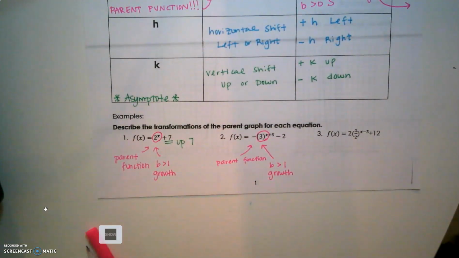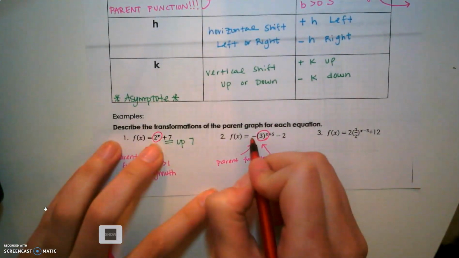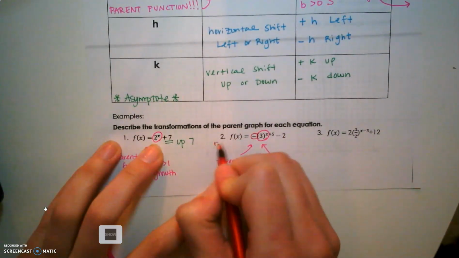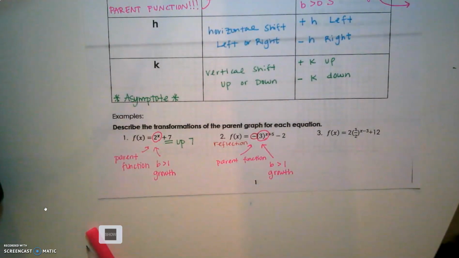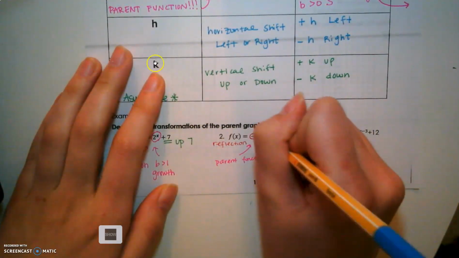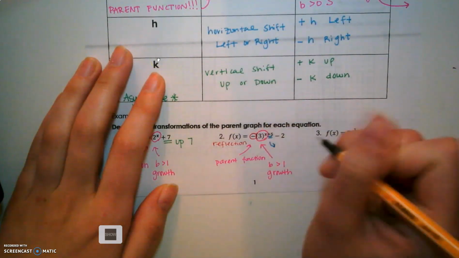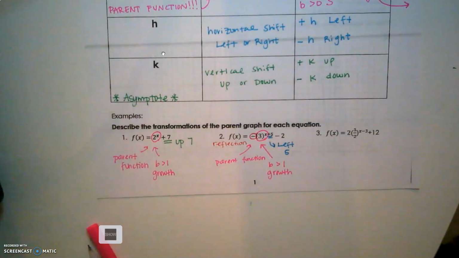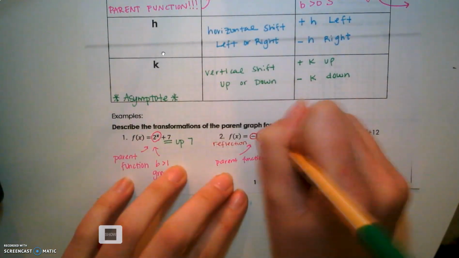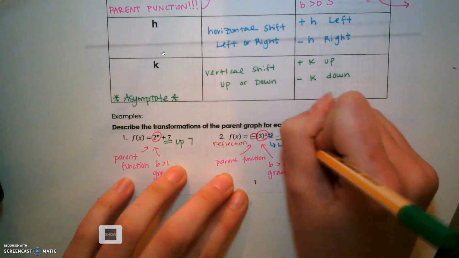So let's look at our transformations now. We have this negative, that's a reflection. We have plus 5 on the x, so we'll do the opposite, that's left 5. And then the minus 2 is down 2.